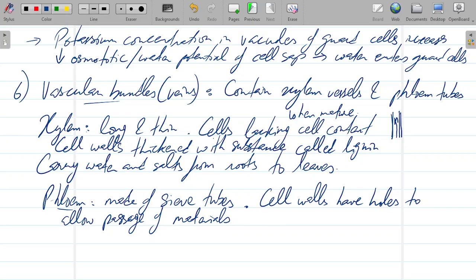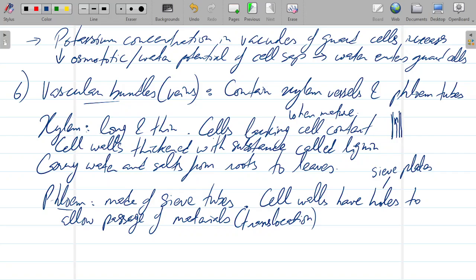And the process of the passage of the material is called translocation. And these holes are called sieve plates. So they're obviously different from what the xylem is.